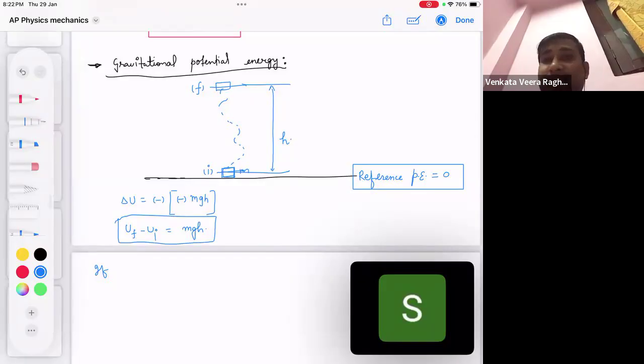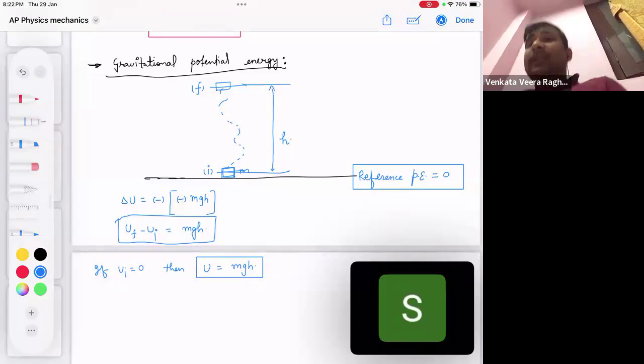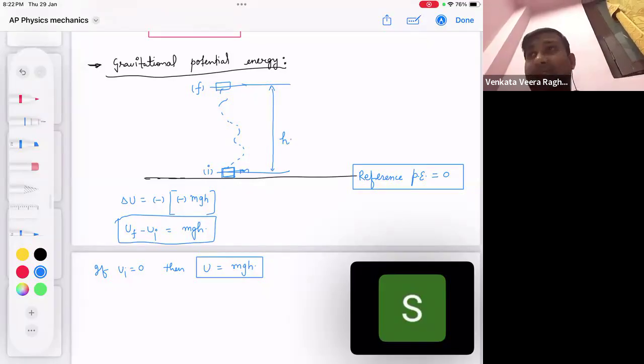If I take U initial as 0, then U final will become mgh. So this is what you remember as the formula, that when object is taken height h above the surface of earth, we say the potential energy of object got increased by mgh.